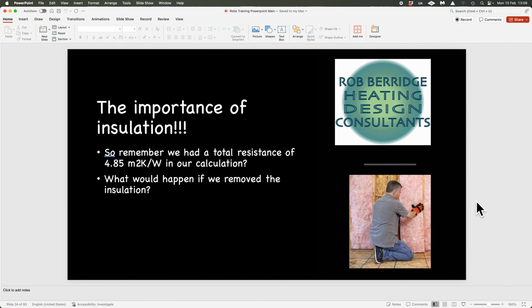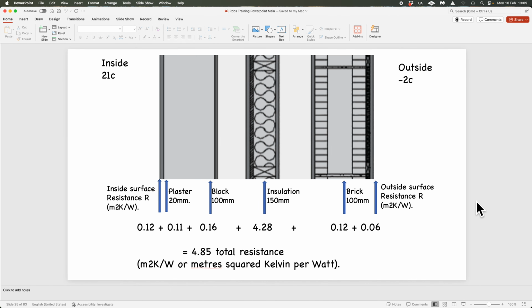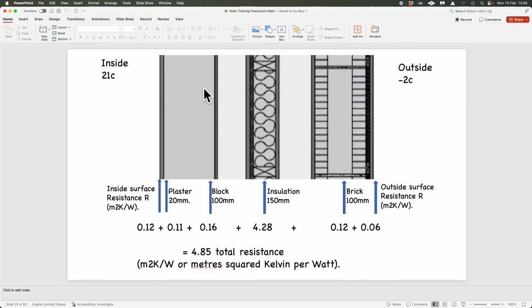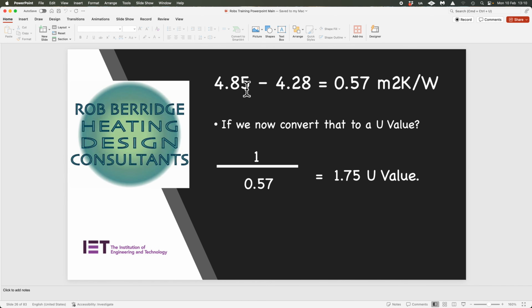And we'll do a couple of calcs now to see what happened in this instance and what can happen. So if we removed that insulation out of this equation, what happens? Well, let's have a look. We take that 4.28, which was there for that insulation, and subtract it off of our total.